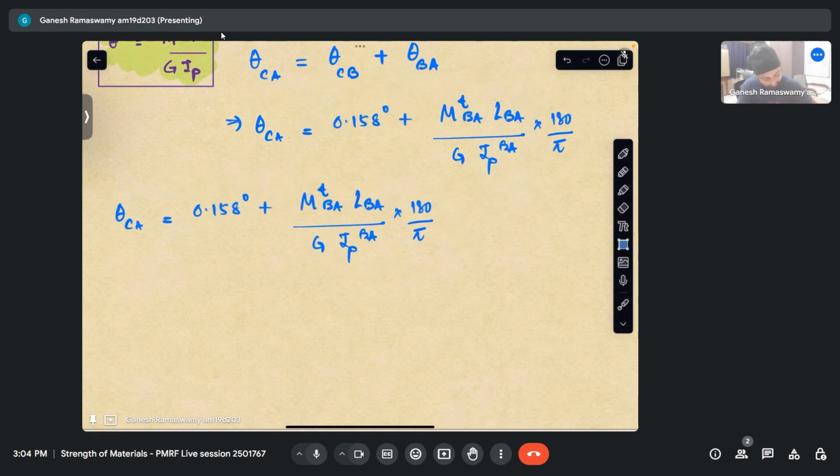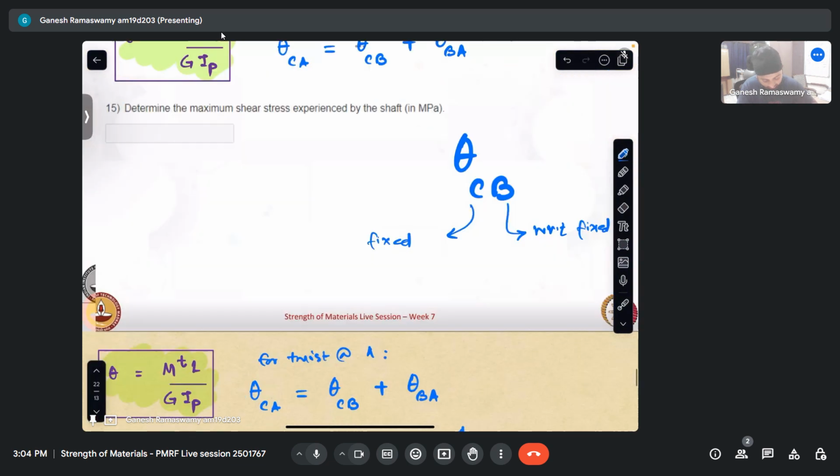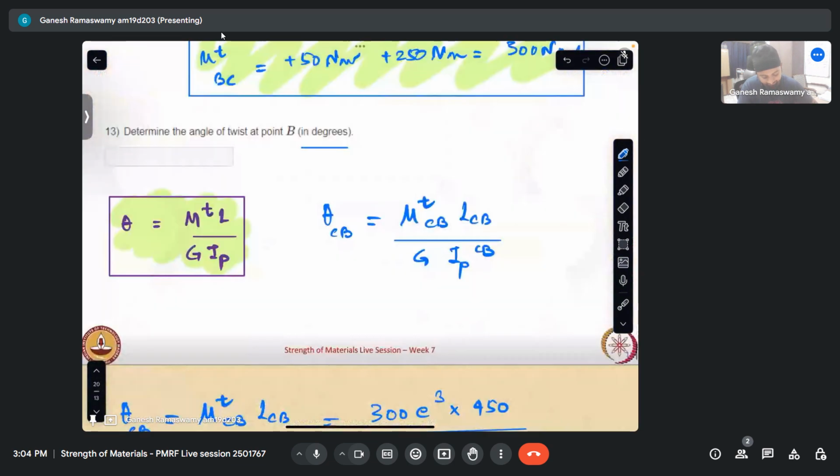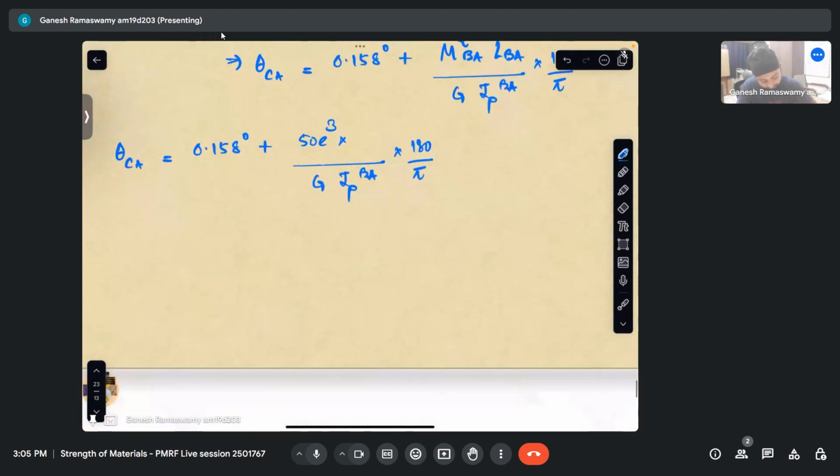MTA is nothing but 50 Newton meter. LBA is, what is LBA? It is 800 mm, divided by G, which is 80 GPa, and IPB is, what is its diameter?